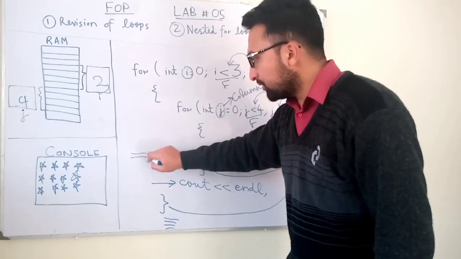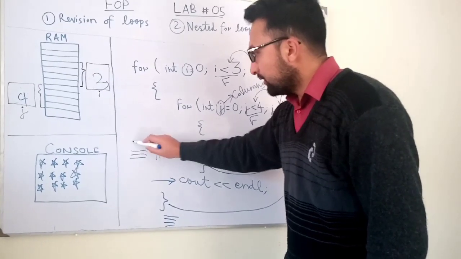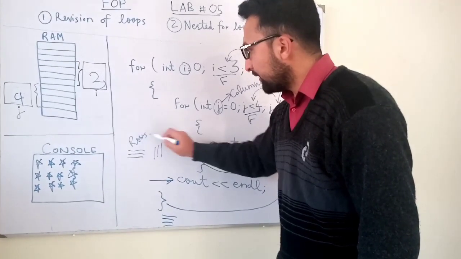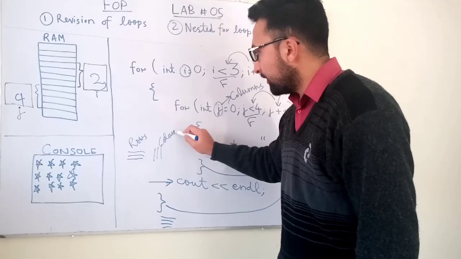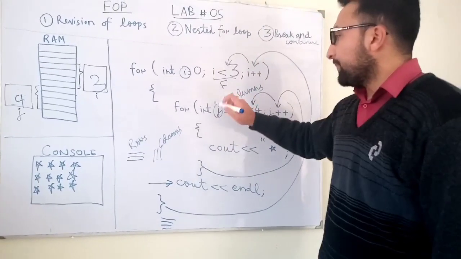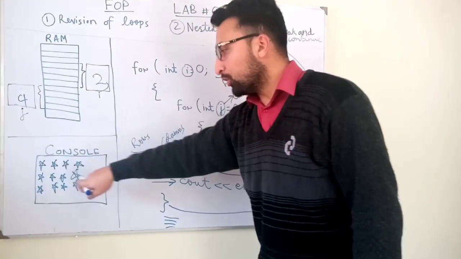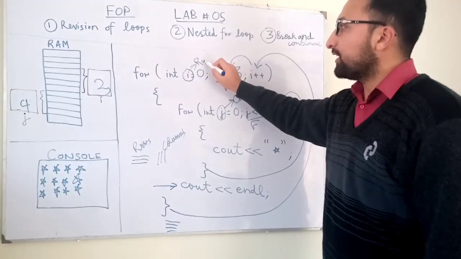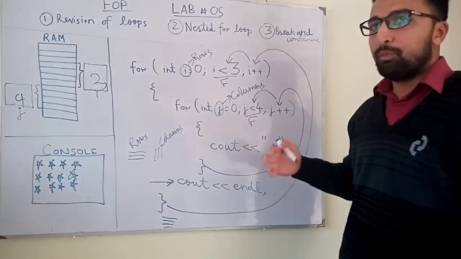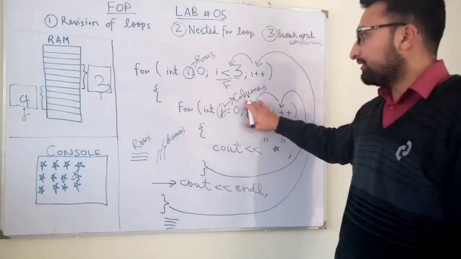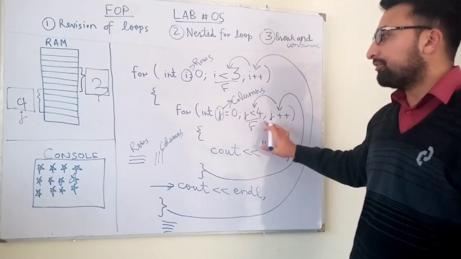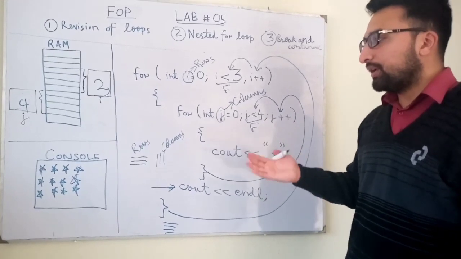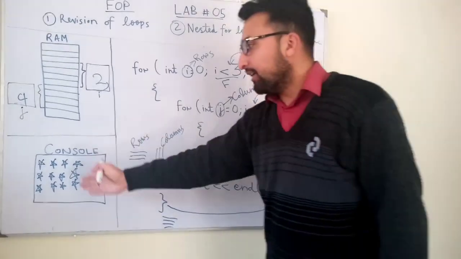These things are the rows, and these are columns. So we have 3 rows here, because the outer variable governs the logic of the rows mostly, while the inner variable was going from 0 to less than 4. So 0, 1, 2, 3, it was running 4 times, so we had 4 columns.